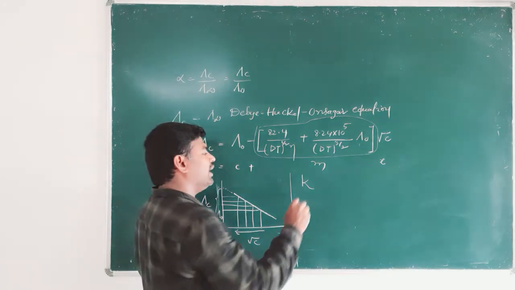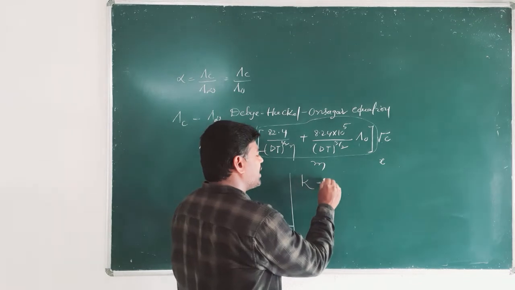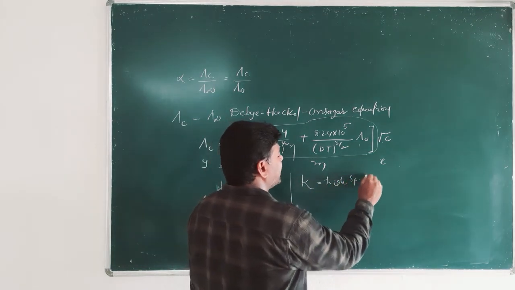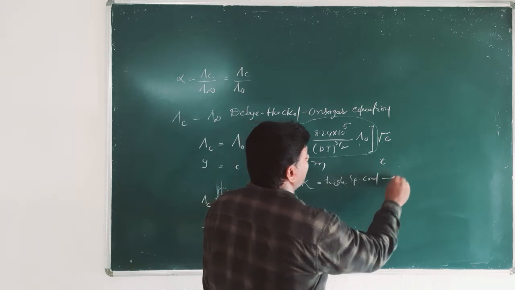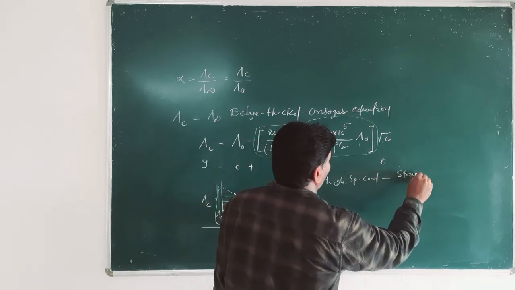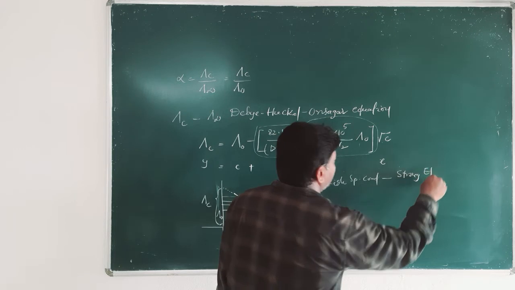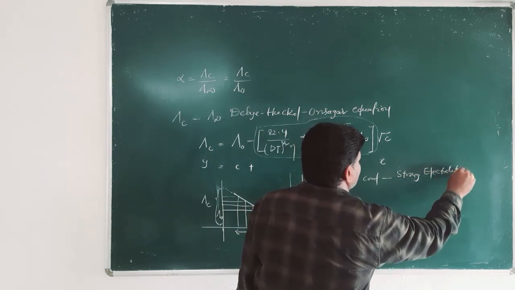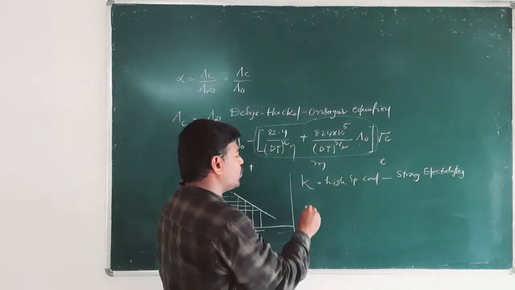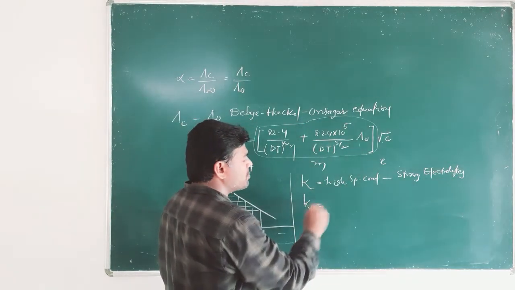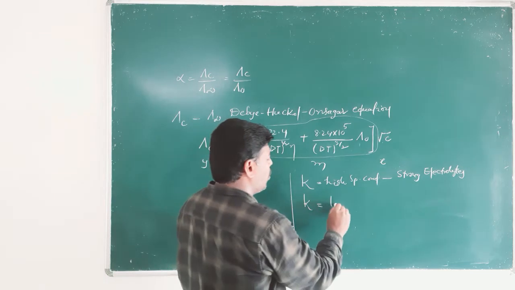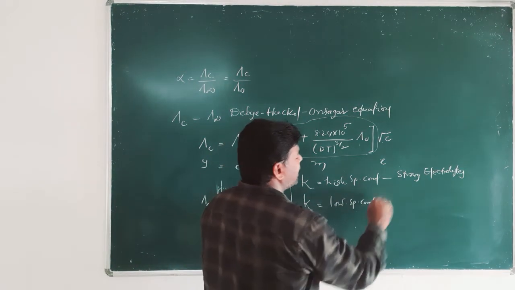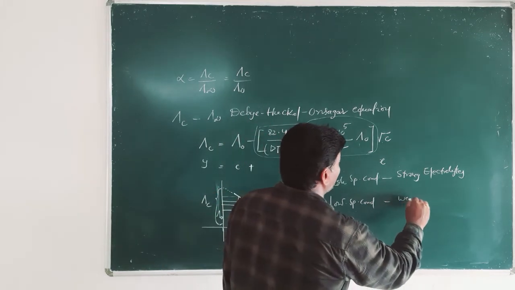Electrolytes with high specific conductance values are called strong electrolytes, and electrolytes with low specific conductance values are called weak electrolytes.